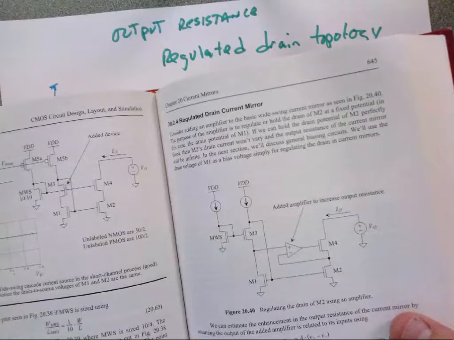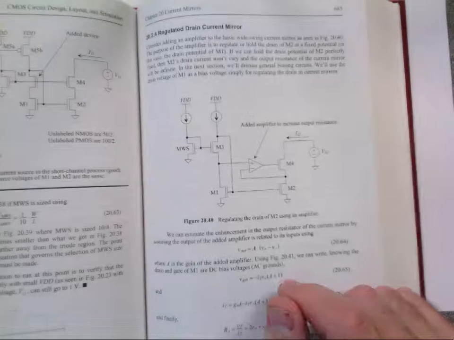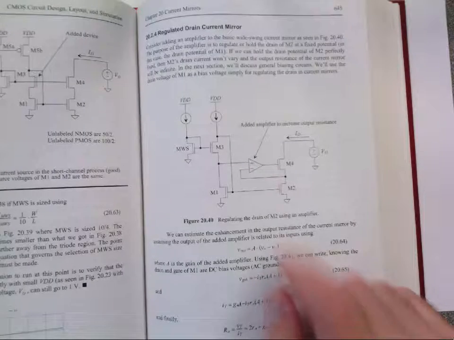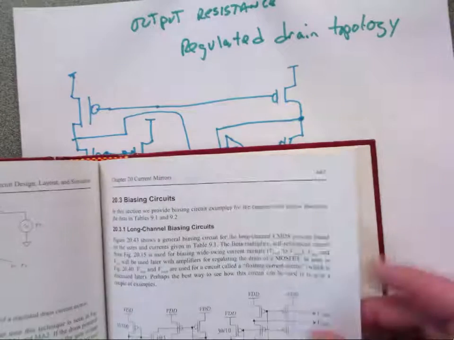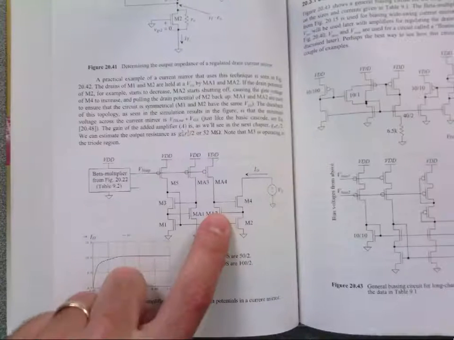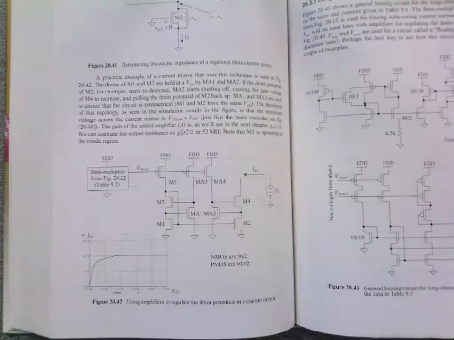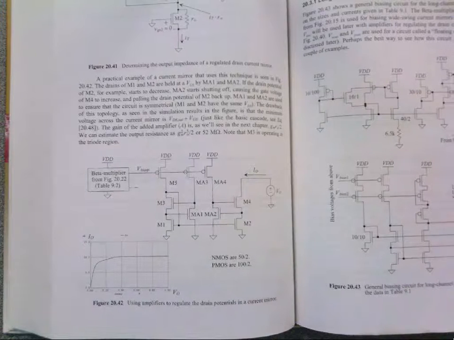Look at 20.42. This is the amplifier for the NMOS. Right, but that's the same schematic, right?